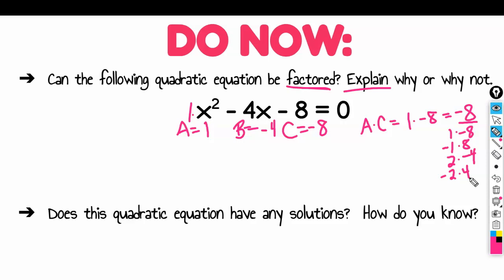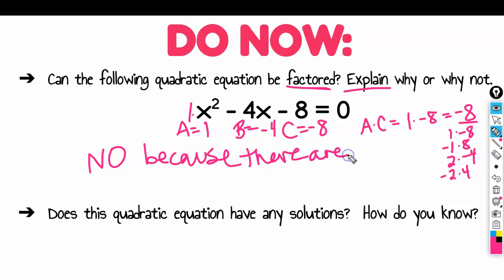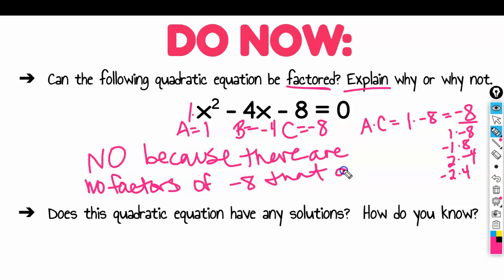So, in answer to, can the following quadratic equation be factored? The answer is no, because there are no factors of -8 that add to -4.